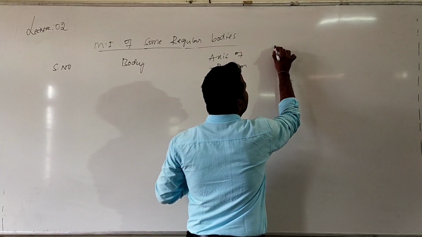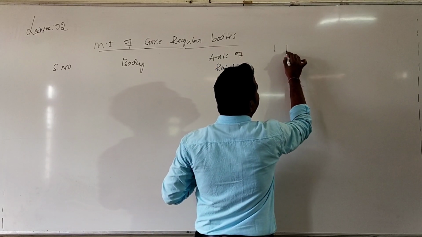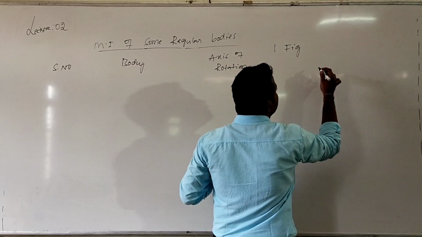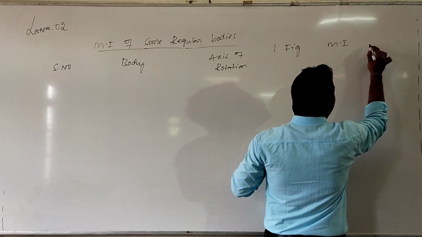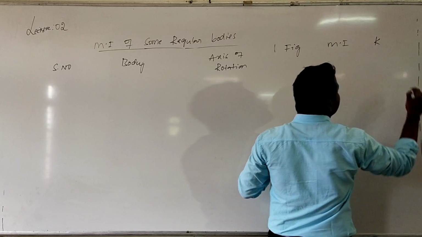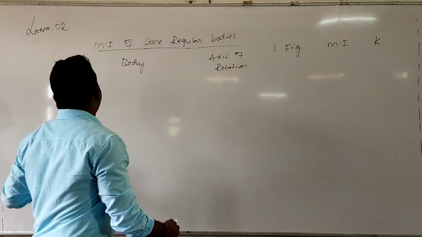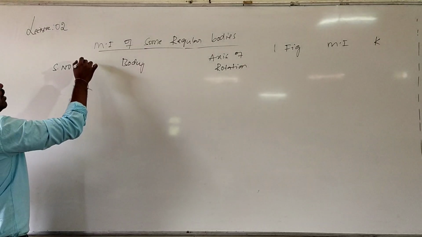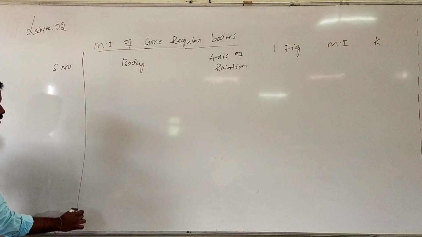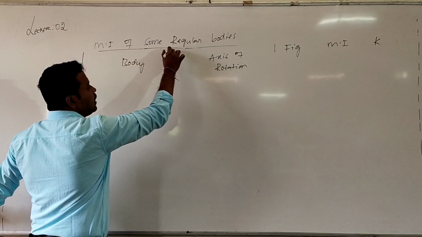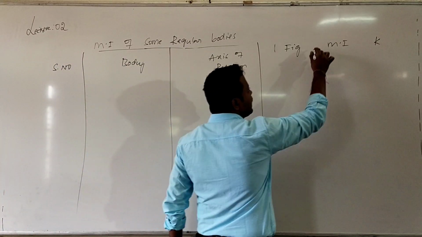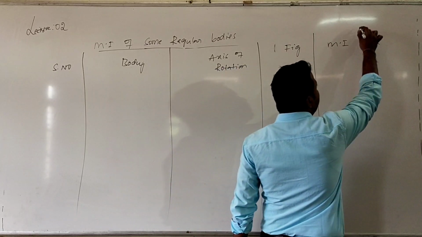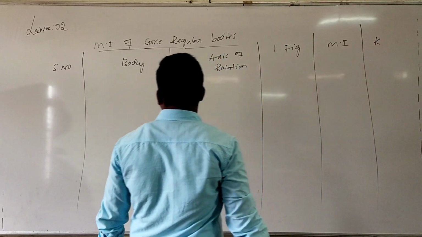Then the concerned diagram, how we can represent it. Then the expression for moment of inertia and the expression for radius of gyration. So I am making one tabular column with these options: serial number, body, axis of rotation, diagram, moment of inertia value, and radius of gyration.